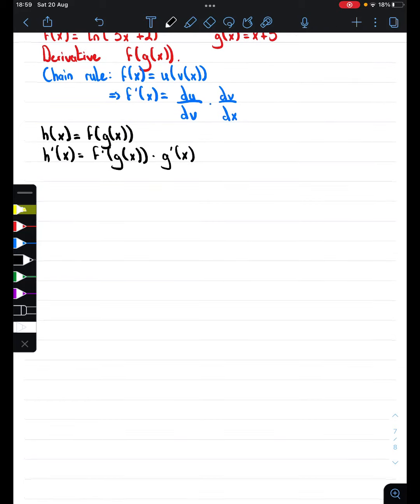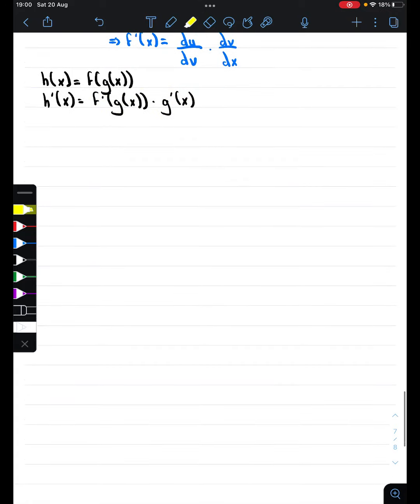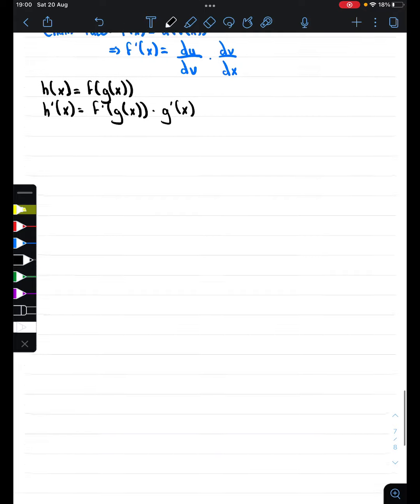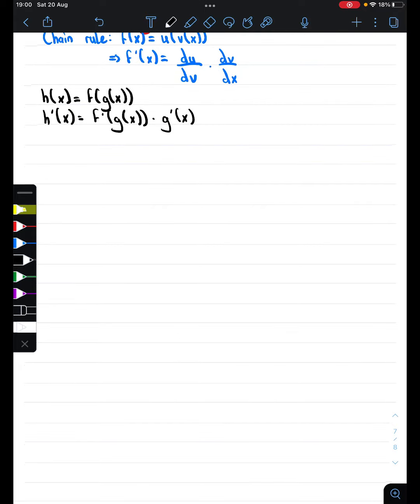So the derivative of f with respect to g times the derivative of g with respect to x. Okay, and now we have to find f prime. What is f prime of x? And then we could just sub in g of x.